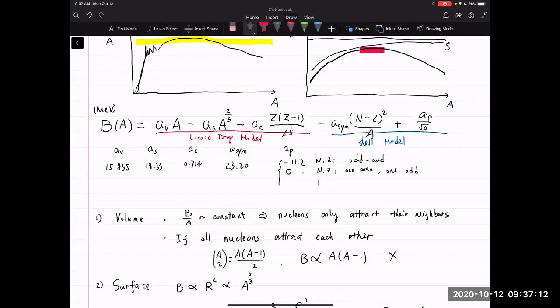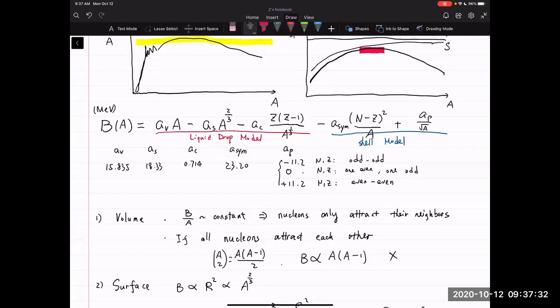And for N and Z both even numbers, with an even configuration, the nucleus is more stable. So that means we need to have more binding energy, and this is a positive term, positive 11.2.